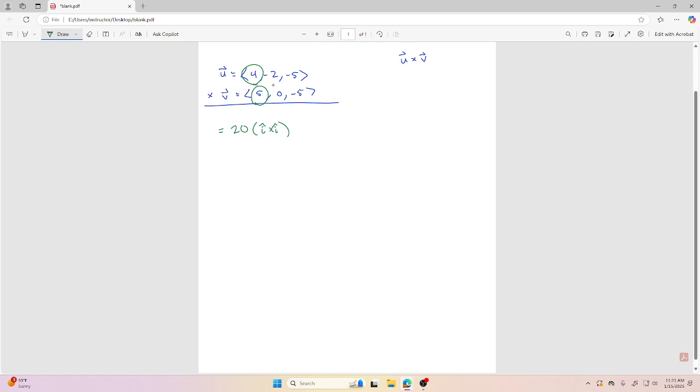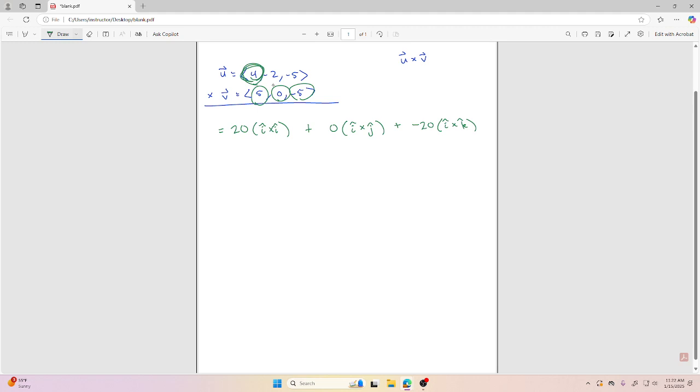Next one, 4 times 0 is 0, and that's going to be I cross J. The answer is going to be a K. We'll do that in a second. And then finally, 4 times -5 is -20, and that's I cross K.